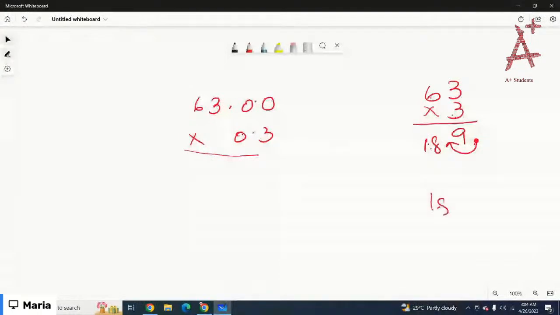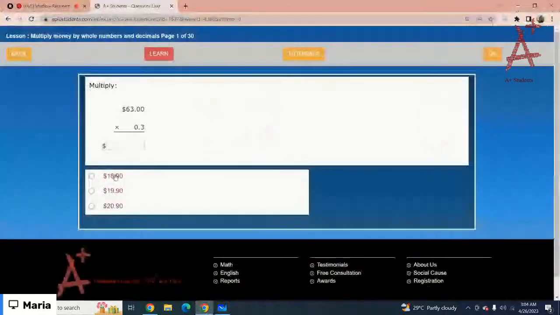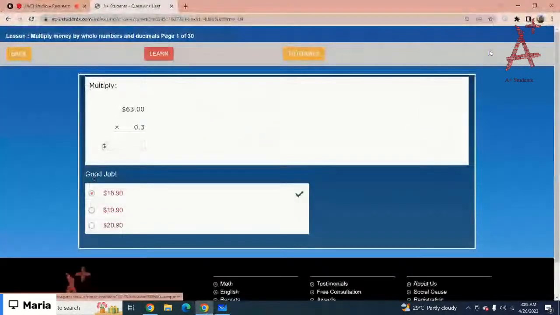Got it? So it would be then 18.9. So the correct option is 18.9. So let's just select the correct option and click on the OK button.